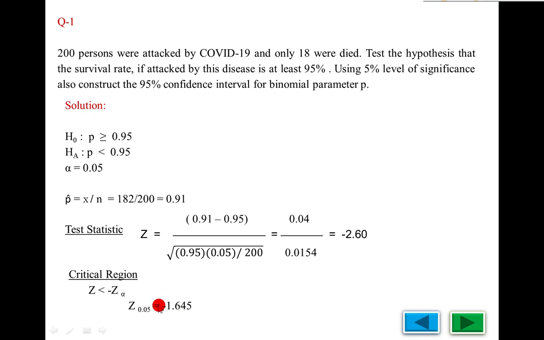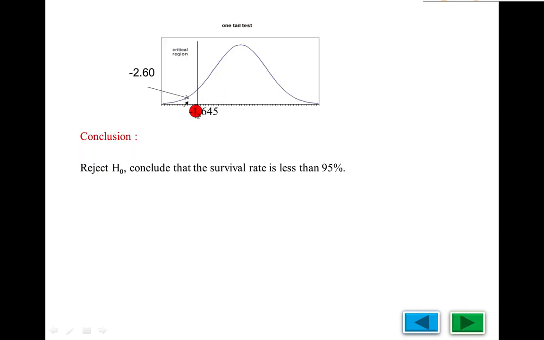So this minus 2.60 lies in the rejection region. Minus 1.645 is the table value; this is more than that, but this is the negative value. So minus 2.60 is less than minus 1.645. Greater than a negative value is the lesser value.